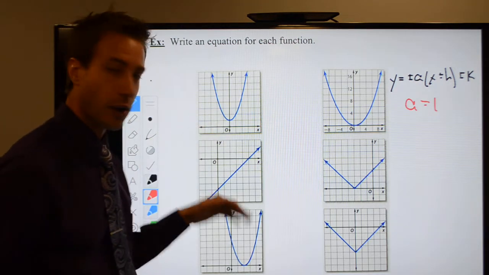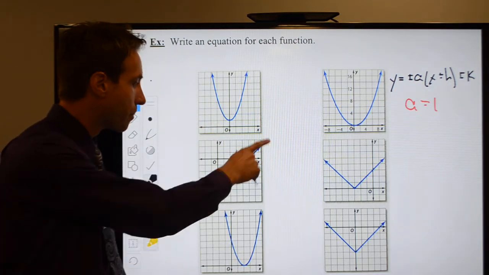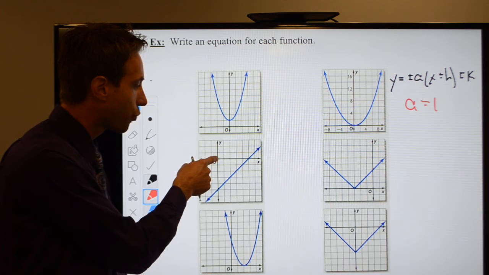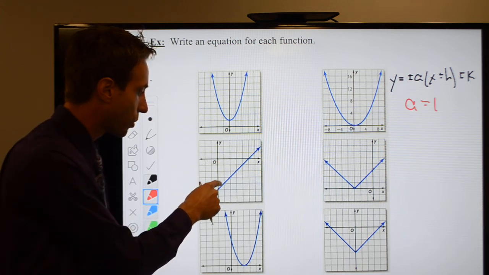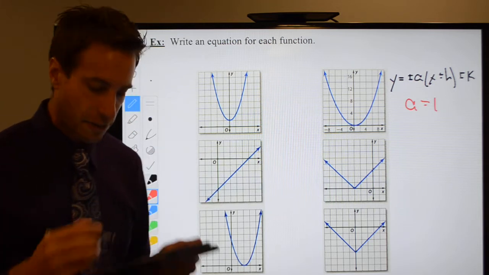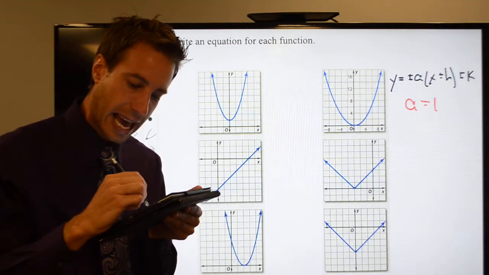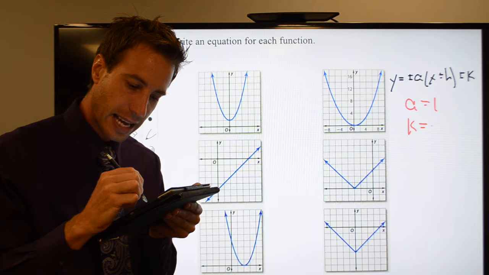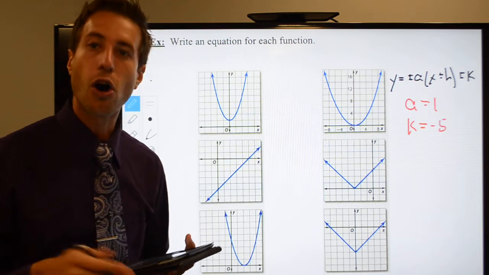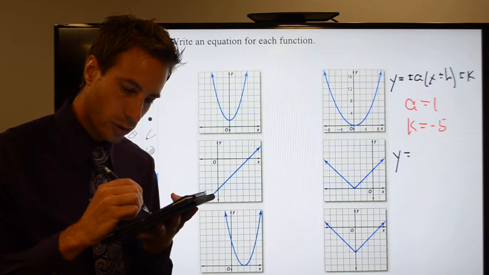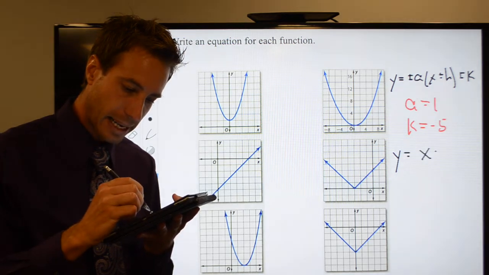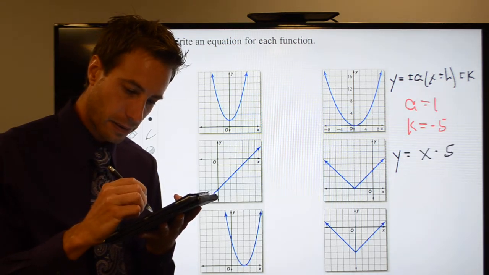Now let's see if we can figure out our shift. Well, my equation would normally go through the origin, but it looks like it's been shifted down 1, 2, 3, 4. It's been shifted down 5 units. Let's go ahead and call that k, negative 5. And we're going to plug all of that stuff in. So y is equal to x minus 5.